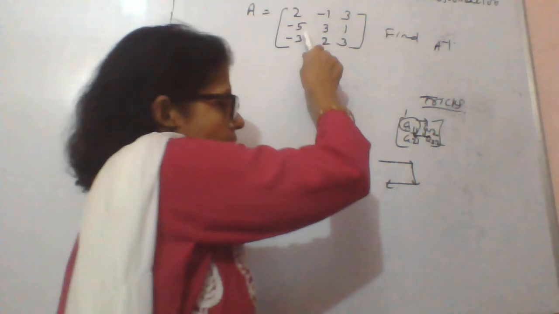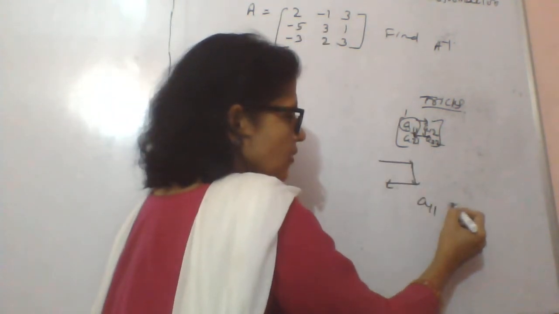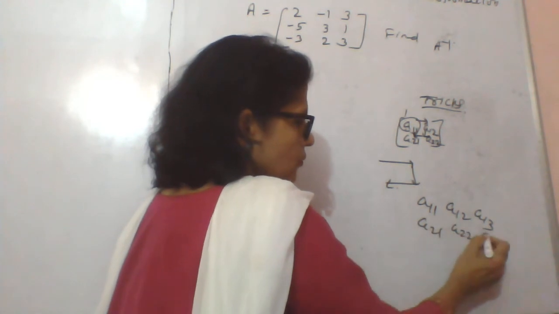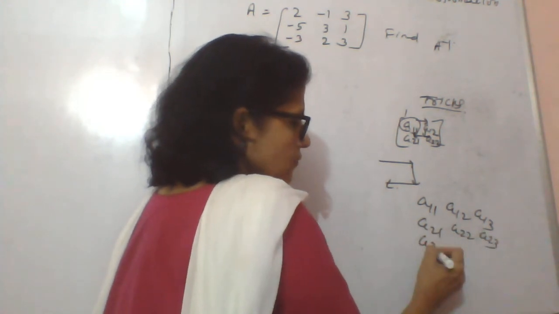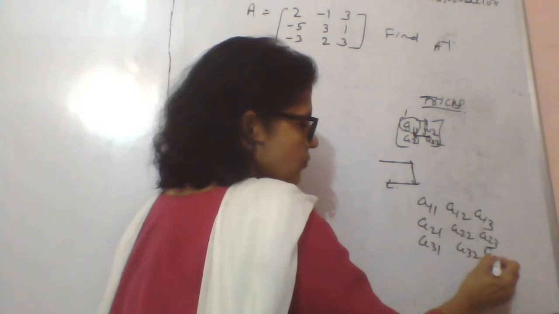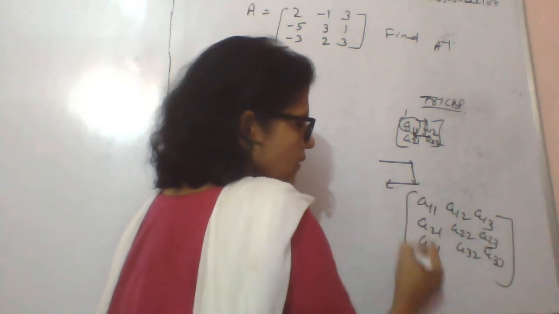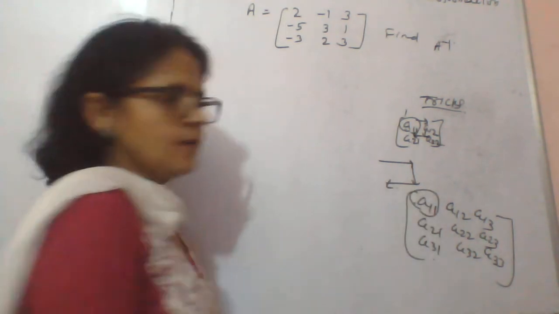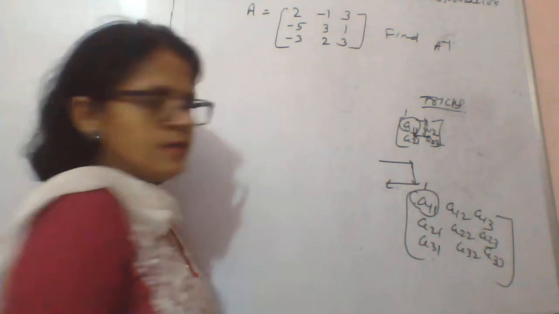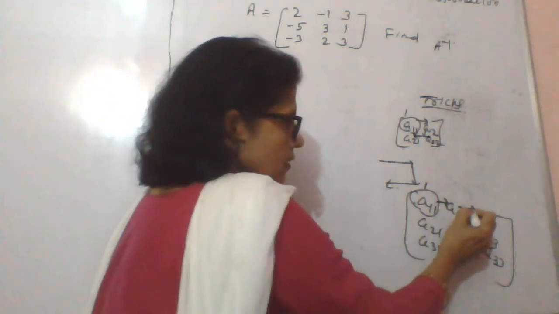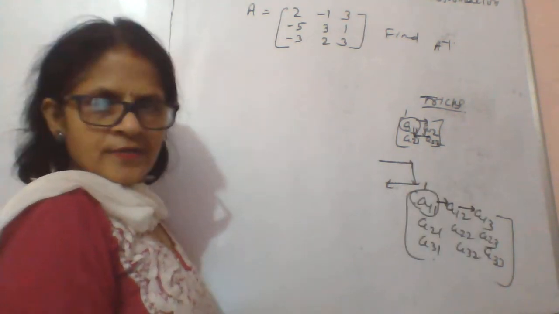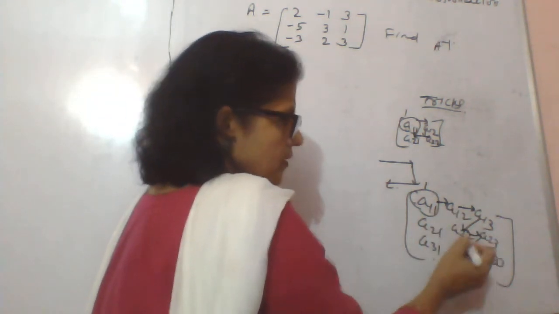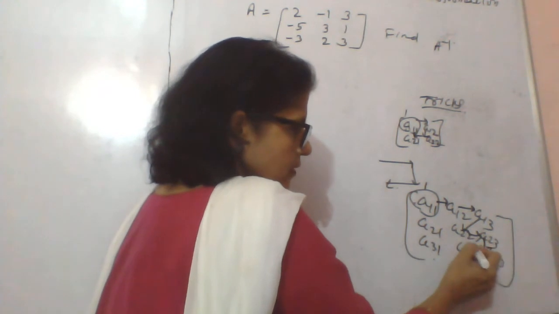In the case of a 3 by 3 matrix, you see A11, A12, A13, A21, A22, A23, A31, A32, A33. We have a 3 by 3 matrix, right? So again we start with A11, make it 1, then travel row wise, then you come like this, then downward like this.